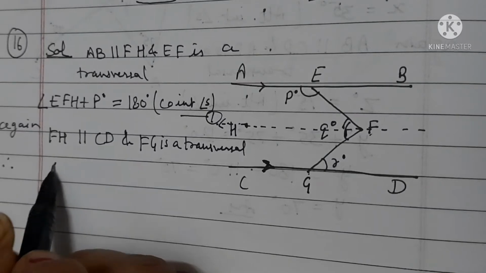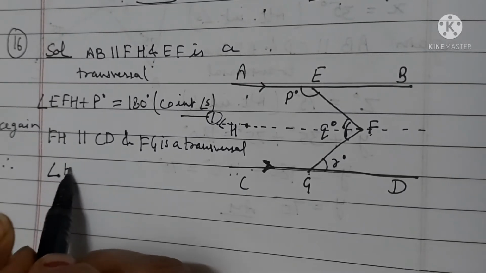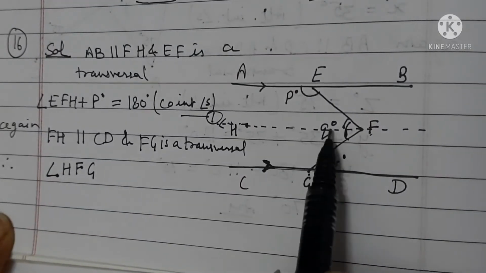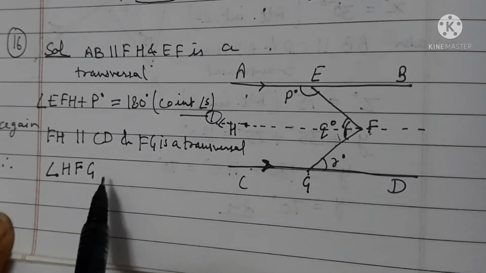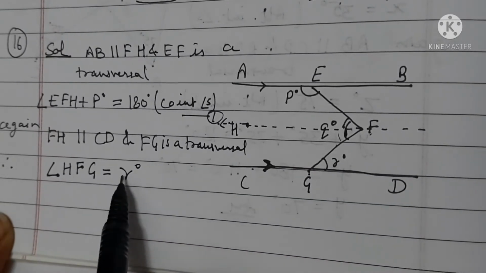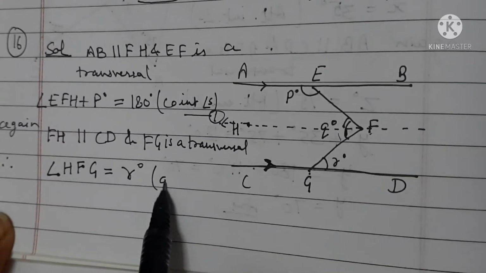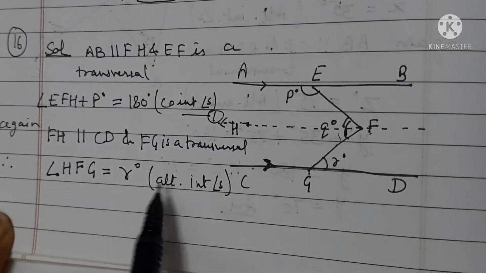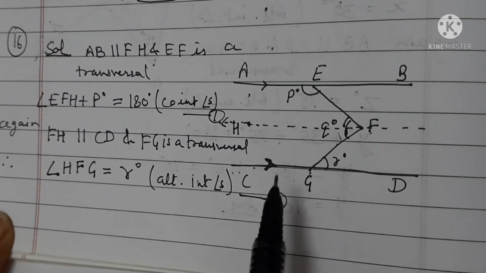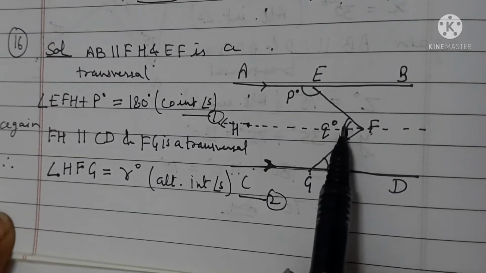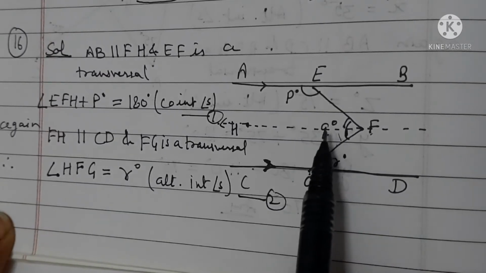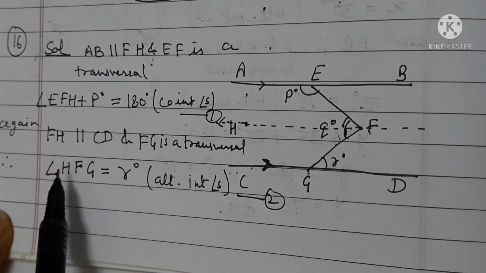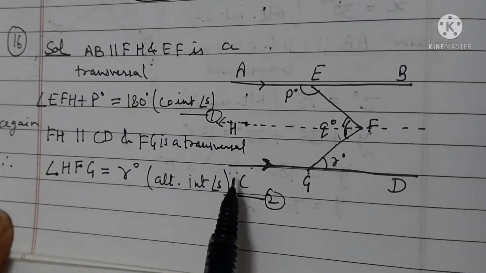Now write down angle HFG, the second part of angle Q, is equal to R degrees, and the reason is alternate interior angles. This is the second. Now add these two angles, so you will get angle Q. How will you add? This equation plus this equation, first and second.